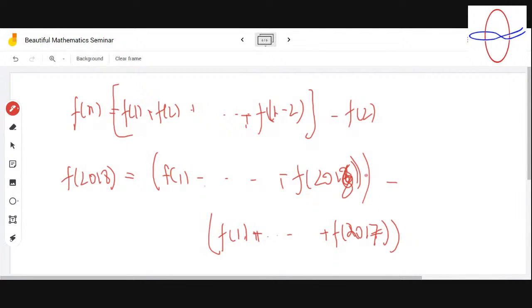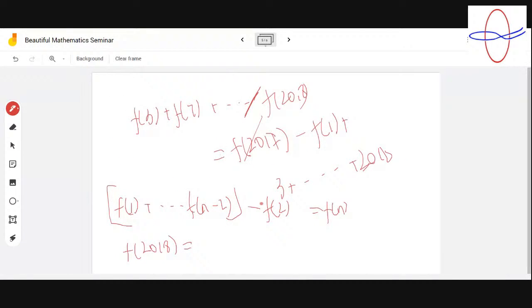Oops, this is getting complicated. No, okay, wait. f of 2017 cancels on the right hand side. That is true, na?